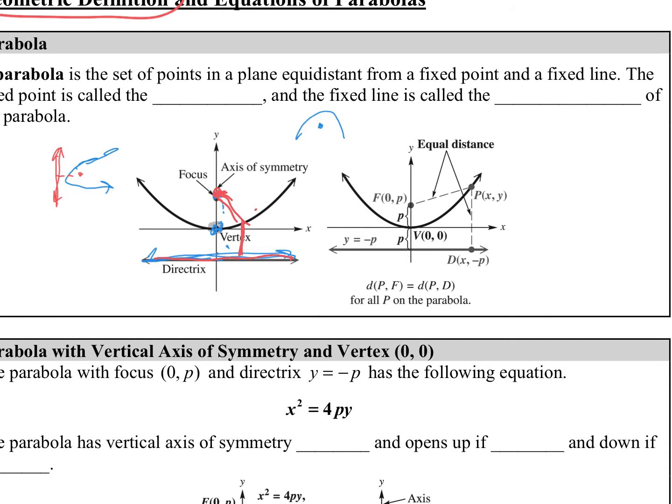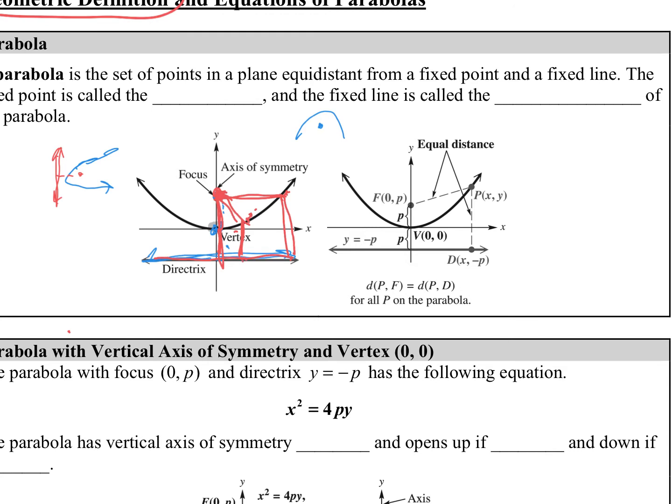It's not perpendicular, it can be. This is perpendicular. That's the same distance. That's not perpendicular, but that's the same distance as that. Every point on the parabola is the same distance from the focus as from the directrix.